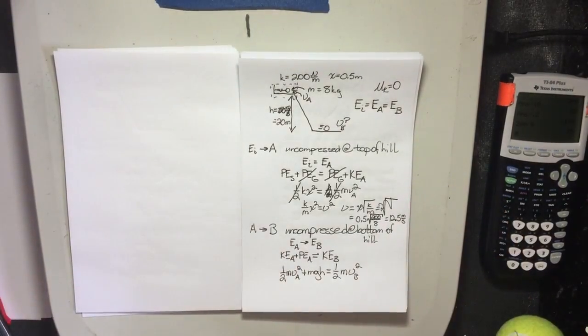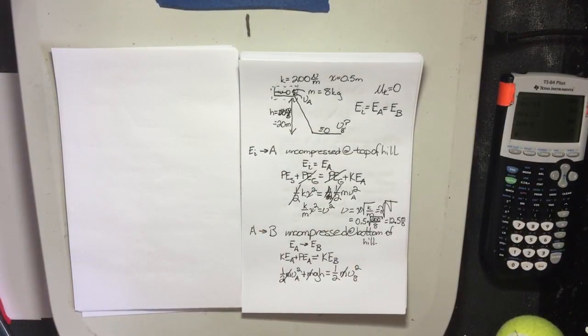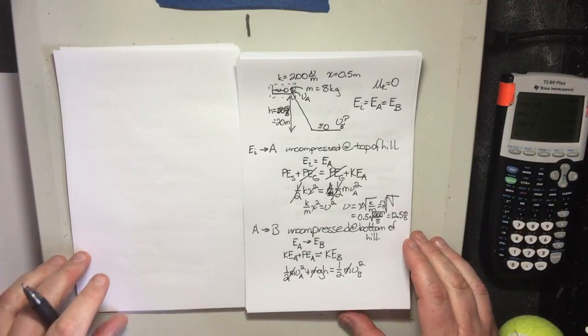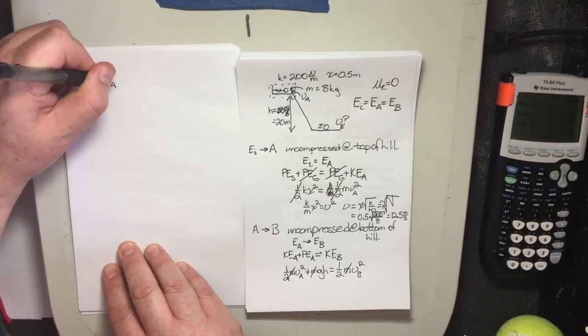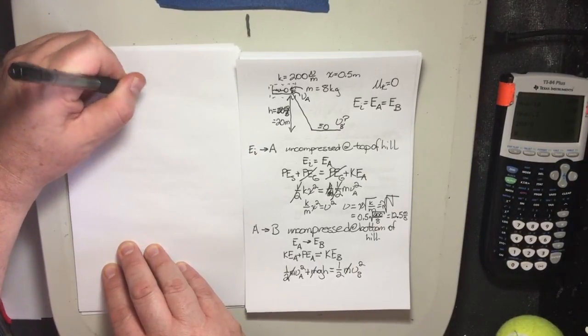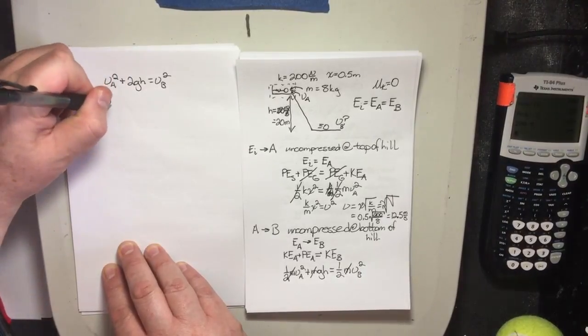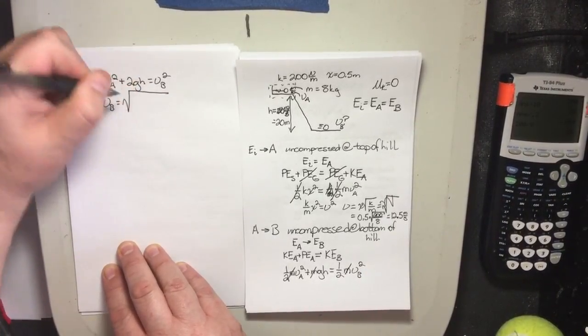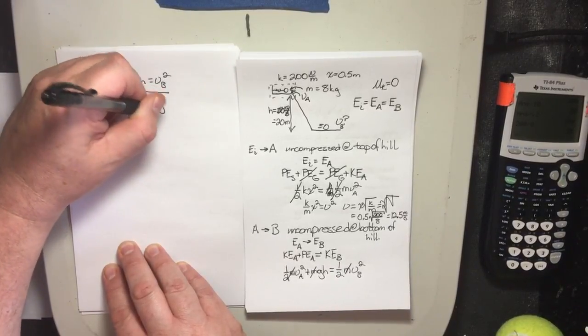And now we just solve for VB. And once again, by doing it in alphabet soup mode, you can solve for any of the variables. First thing I notice, m in every term, drop that out. Solve for VB. Multiply both sides by 2. VA squared plus 2gh is equal to VB squared. So VB is the square root of VA squared plus 2gh.